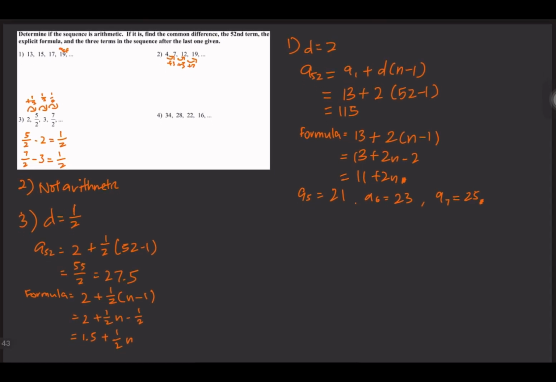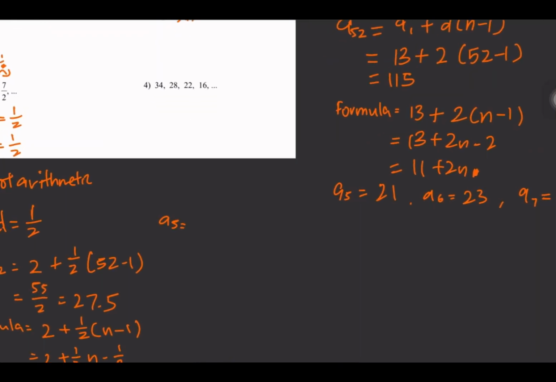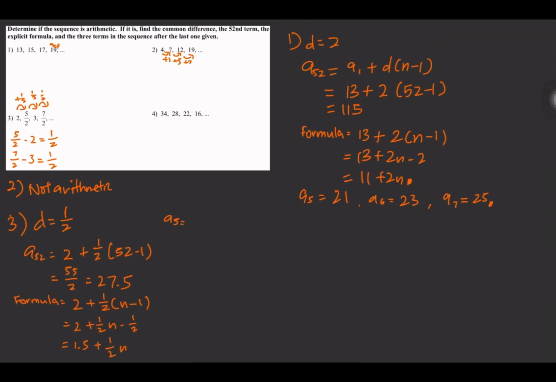Well, we have A4 here, so A5 is 7 over 2 plus half, that is 4, A6 plus half is 9 over 2, A7 plus another half is 5. And that's your answer.